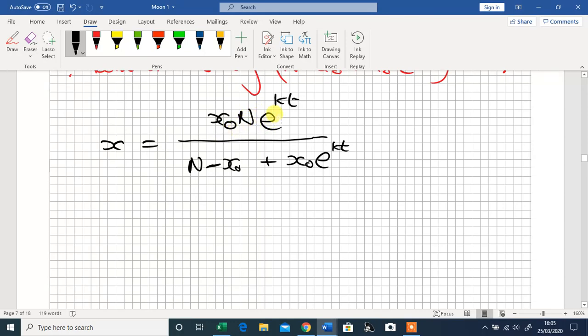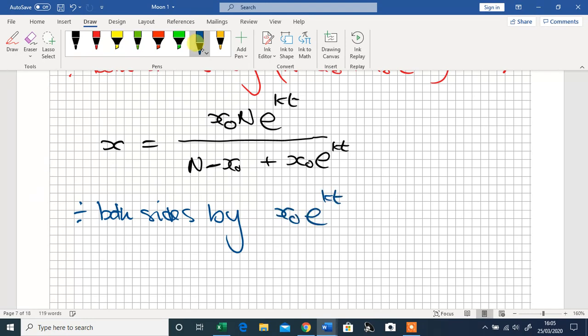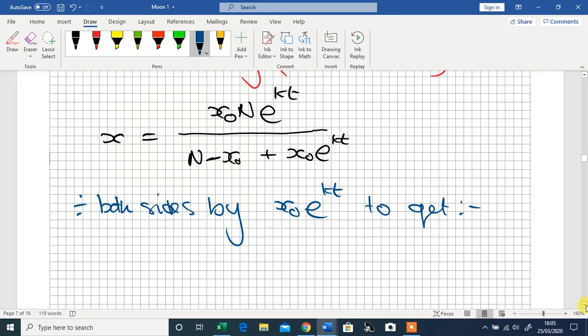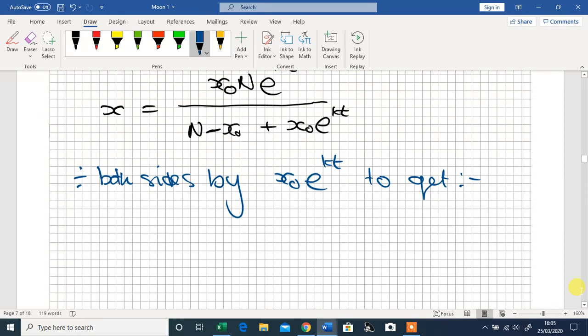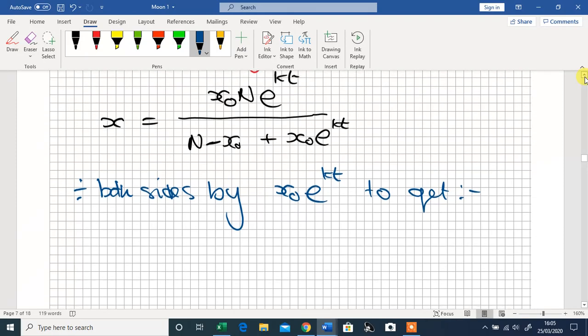So if we divide both sides by x naught e to the kt to get, let me just scroll up a little bit, try and keep that just showing.